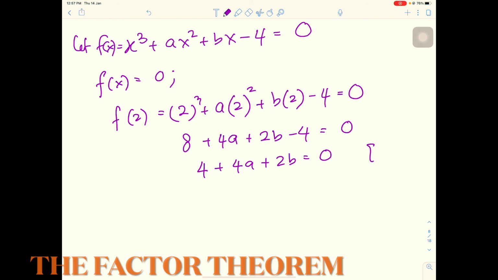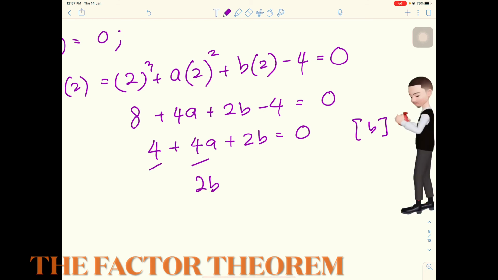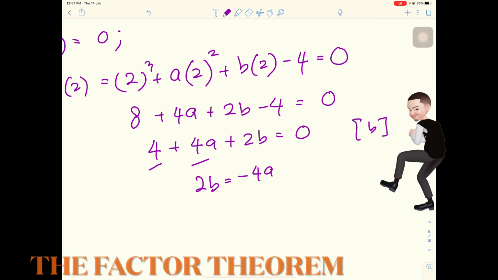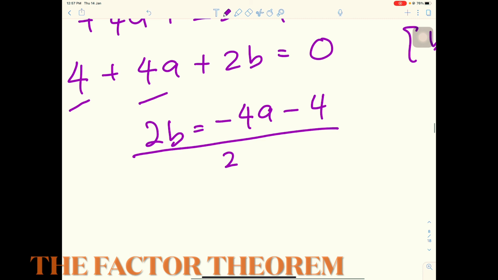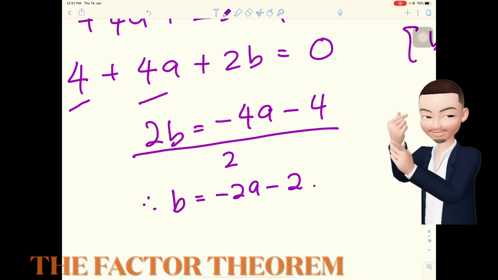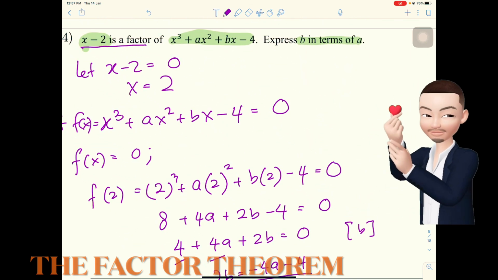Because we want b as the subject, bring 4 and 4a to the right hand side, so 2b equals negative 4a minus 4. Divide all by 2, so b equals negative 2a minus 2. This is how we express b in terms of a.